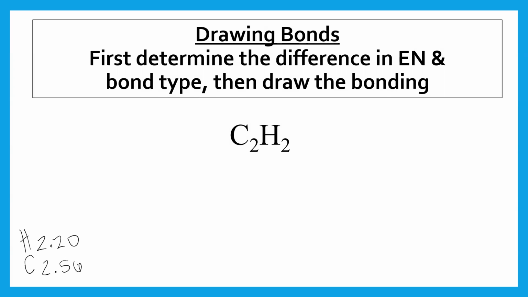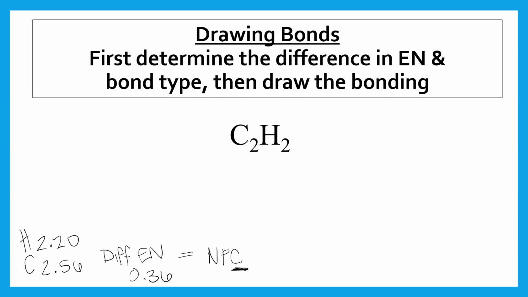Okay, so you're going to subtract 2.56 minus 2.20 to find the difference in electronegativity, which is 0.36. And if you look on your chart, 0.36 falls into the nonpolar covalent bond type, and the key word here is covalent. So I know this is going to be a covalent bond.